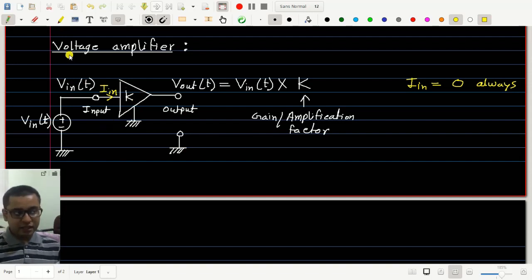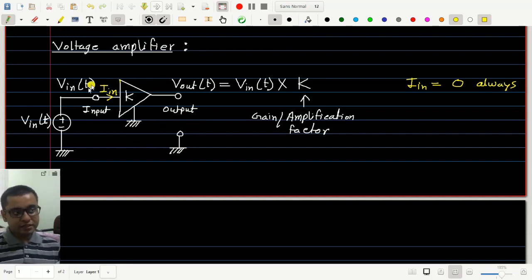So, in summary, a voltage amplifier reads a voltage which can be a function of time and produces a voltage which is same as the input multiplied by or amplified by a factor of K. However, the voltage amplifier does not take any input current. That is true for ideal voltage amplifiers, and for practical amplifiers this current will be negligible.